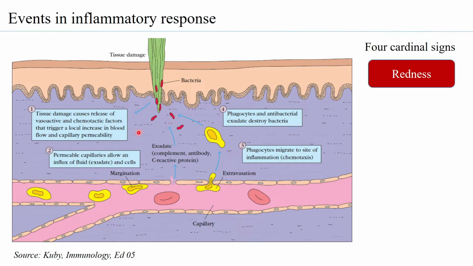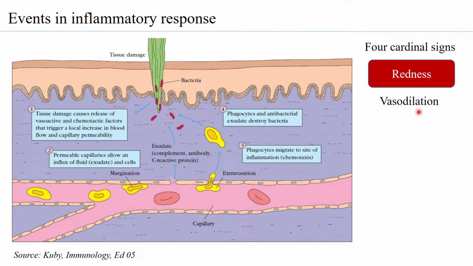What also happens, and so this process of having fluid as well as the blood flow towards this particular site due to the presence of certain chemical mediators is what is called vasodilation.